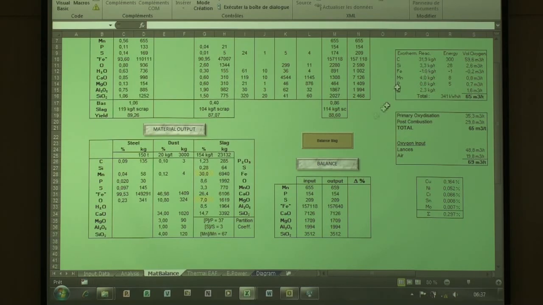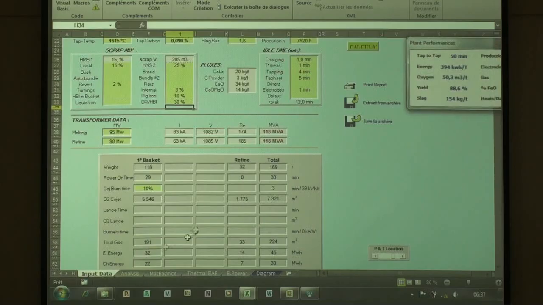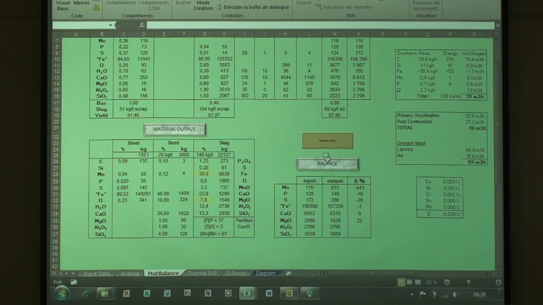Okay? If, for example, here I put something like 80% of DRI, of course I have to remove some other scrap, otherwise you see it's getting red here. You see, it is jumping quite a lot.